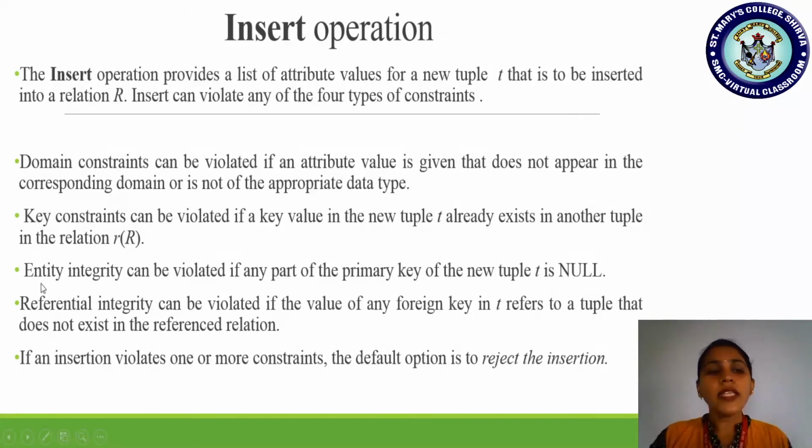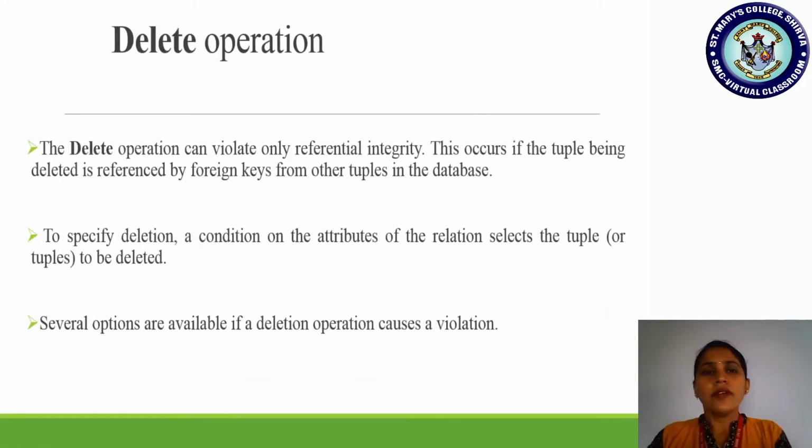So among these four constraints, if any one or more are violated, that insertion operation has to be rejected. It means we have to cancel the insertion and redo the insertion from the start with new proper values. Okay, fine. Now let us discuss the delete operation.